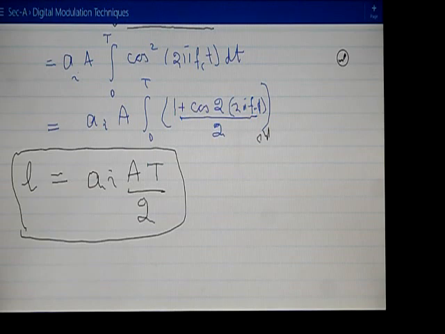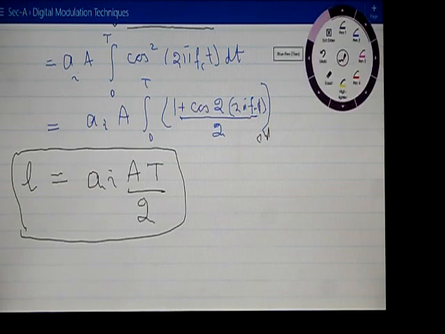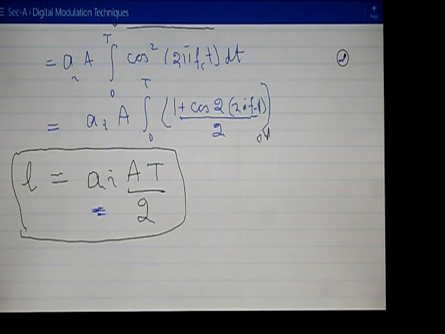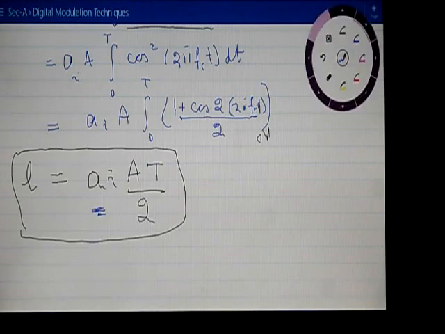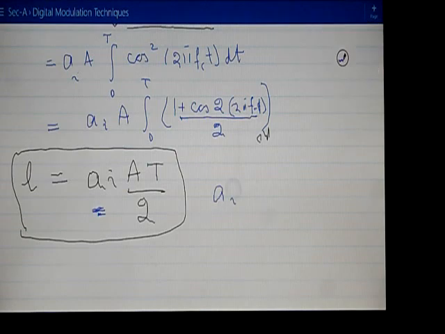Now you know that this is either plus or minus depending upon the 1 or 0. So when a sub I is positive, then your L will be A times T over 2, which is a positive value.